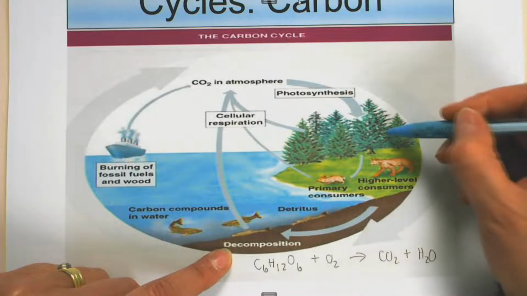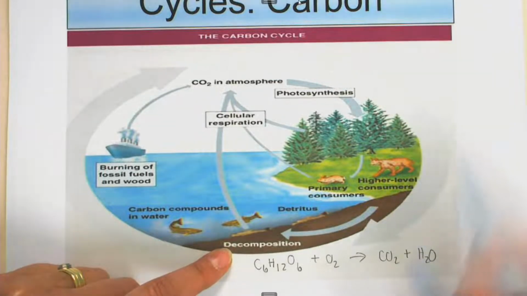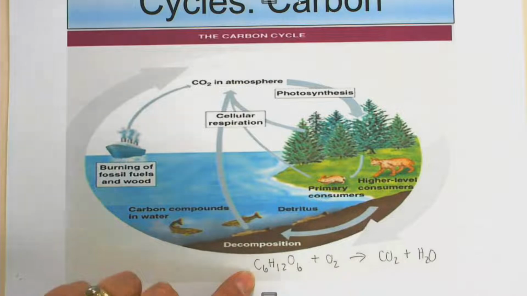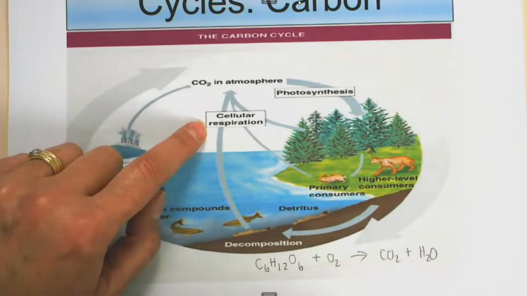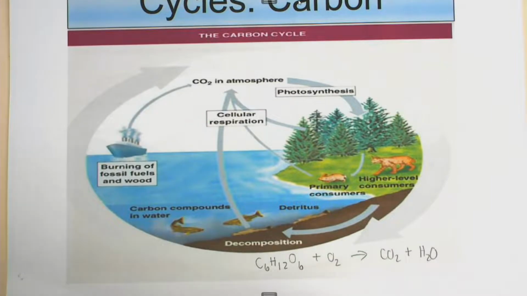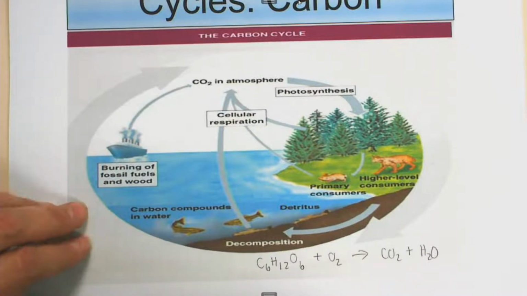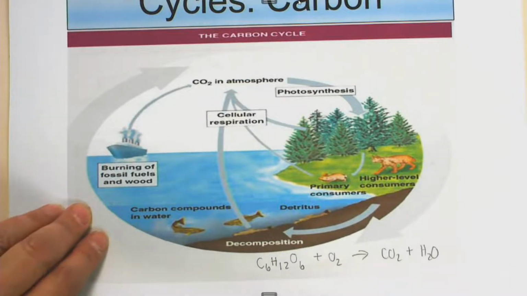So in photosynthesis, we are using CO2 and water to make this, and then when it's inside your body, we use the sugar and the oxygen for cellular respiration to make energy. And then water vapor and CO2, you breathe out of your body. Just go and have a look at the different terms.